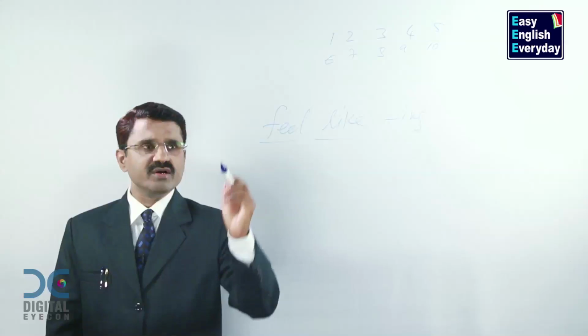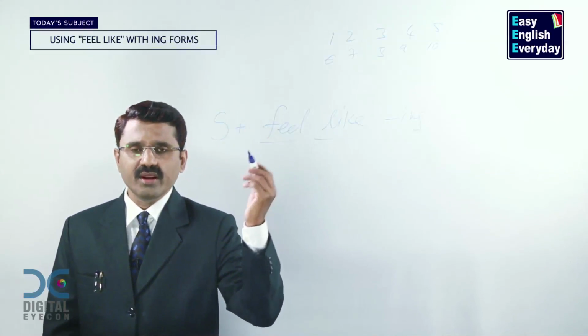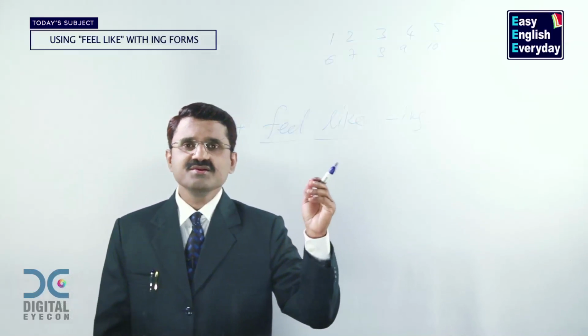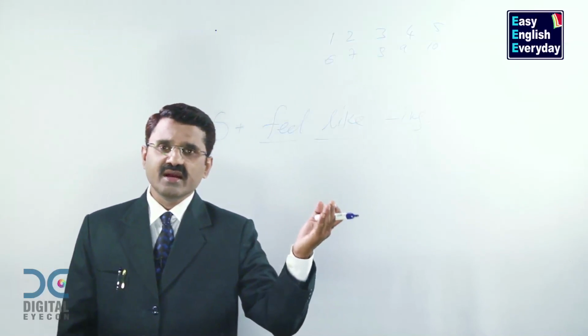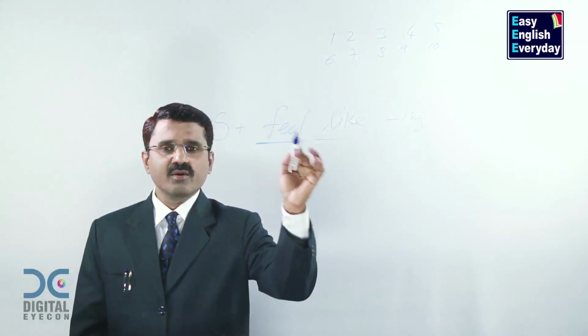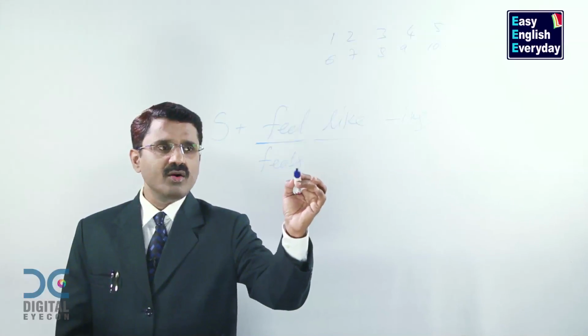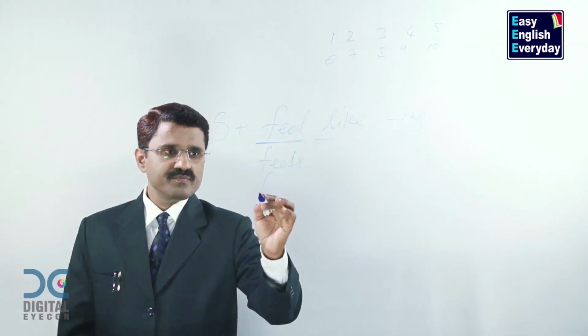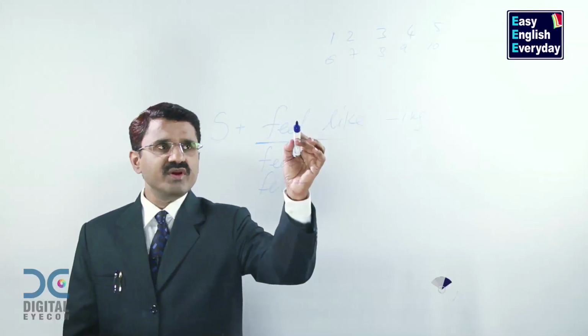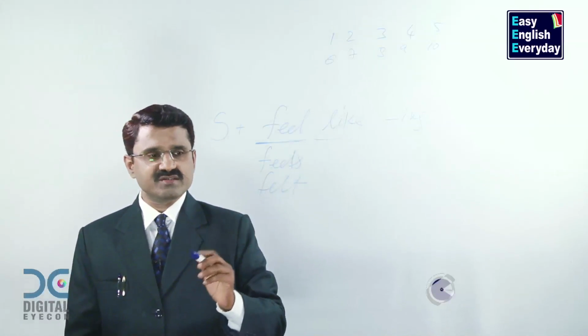Now it is your choice. Keep any subject here. I, we, you, he, she, it, any singular or plural person. Then feel. Now according to your requirement, you can say feel or feels. Feel and feels for present tense, felt for past tense.